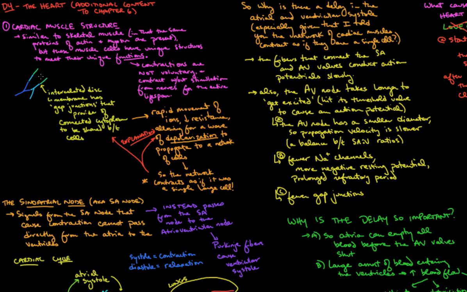And so they contract without the stimulation of any nerves for your entire lifespan, which is quite incredible. And they have certain features that prevent them from tiring or fatiguing, which is also quite incredible, because if it didn't do that, you wouldn't likely survive to this age and be able to do all the other things that you do.